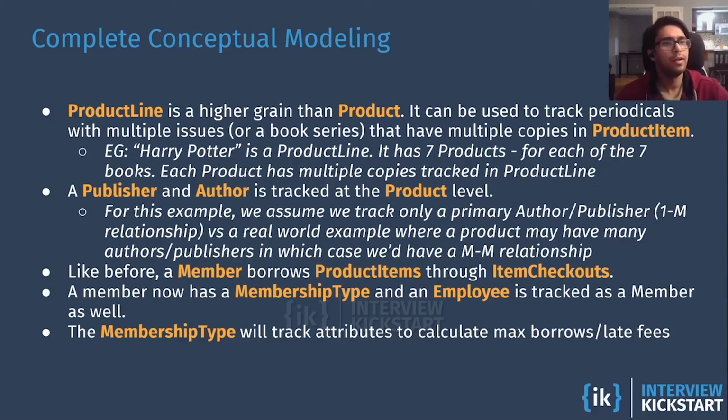And like before, a member is still borrowing product items through item checkouts, but we also added the membership type entity, and we have employee tracked as a member as well through that other entity. And the additional attribute details from those requirements, we're going to be tracking in the membership type entity.